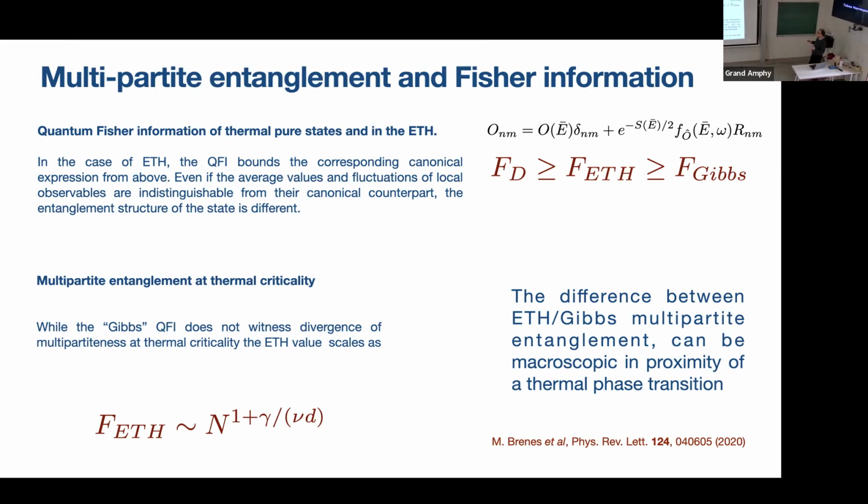So differently from what happens with observables, where even average values may coincide, at the level of Fisher information, computing Fisher on a given eigenstate using ETH will be different from its canonical expression. Just to remind you that here you should compute the mixed state expression, while here it's just a pure eigenstate where you are computing the Fisher.